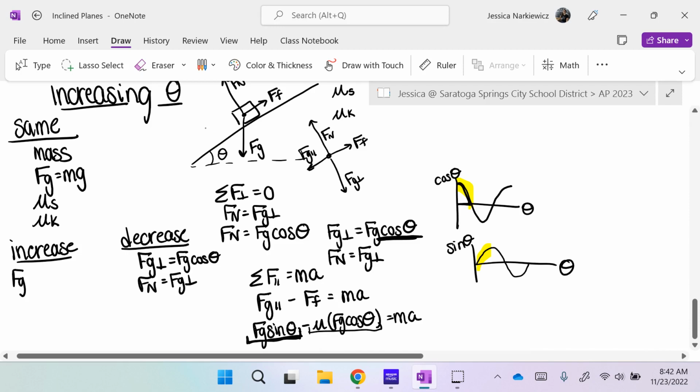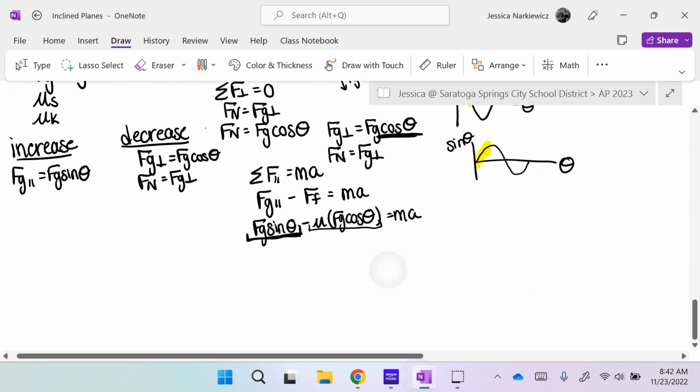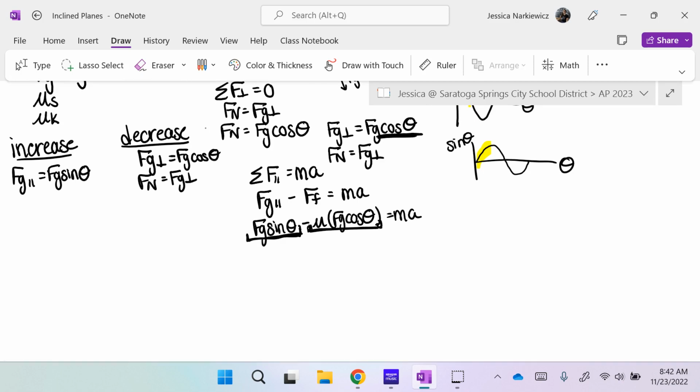Fg parallel is going to increase because it's based off the sine of the angle. Friction, on the other hand, is based off of cosine. Again, this mu is the same and this Fg is the same, but if this cosine is decreasing, like we've already discussed, then this whole term is decreasing. That's the force of friction, both kinetic and static.